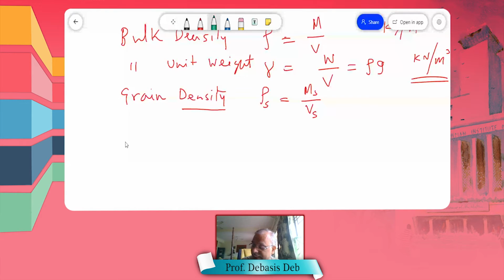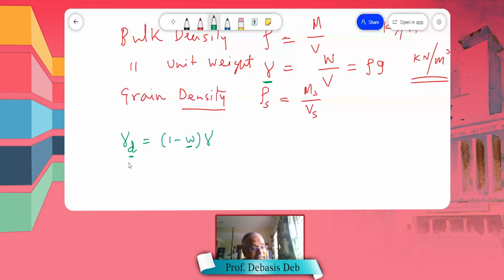Gamma d is equal to gamma divided by 1 plus w. Here d means dry, gamma I already defined, and w is the water content.